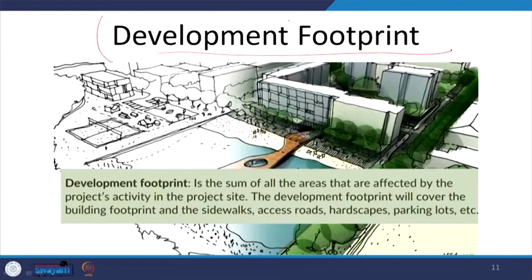There are roads, there are walkways, there are some play areas. So, there is hardly any site which is left which is not developed or which is undisturbed. These are two different things. We are talking about building footprint and development footprint here. We have to reduce the development footprint.